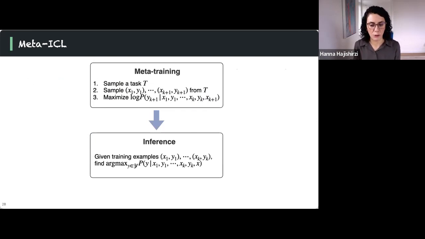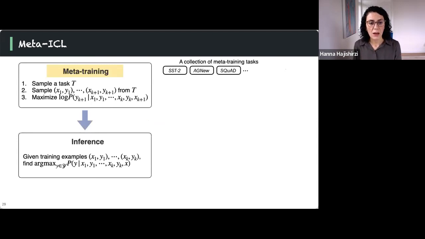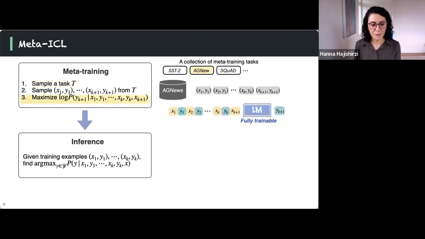Let me walk you through more details. MetaICL consists of two stages, the meta training stage and the inference stage. At meta training time, the model has access to a large collection of meta training tasks, where each is paired with large labeled data. For each iteration, the model will pick one task, like AG News.